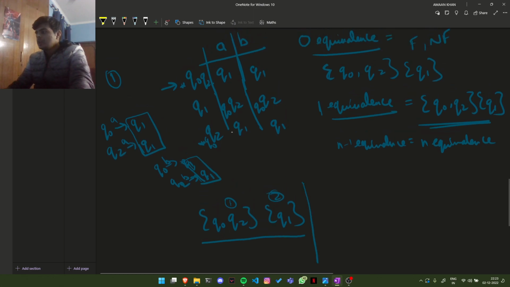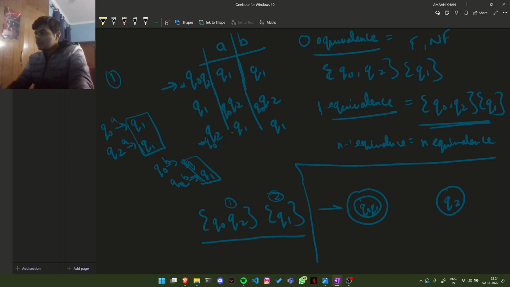According to this table, I am going to draw the minimal DFA over here. So q0, q2, and q1 are going to be my two states. This is my initial state, and on A it goes to q1, and giving B as well goes to q1.